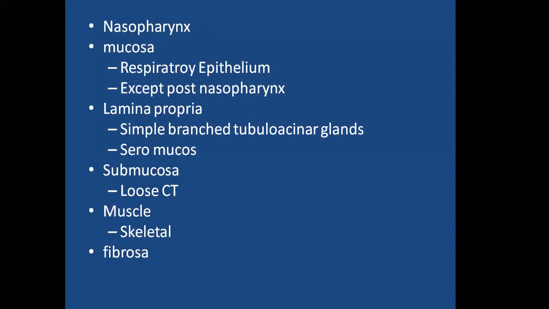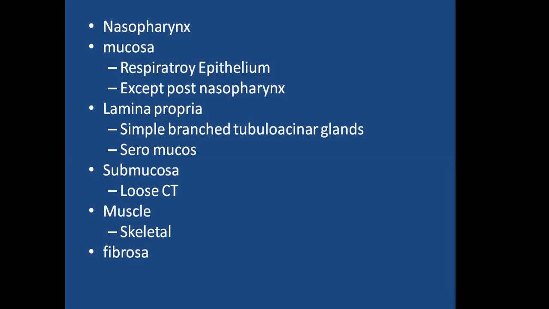Now coming to the nasopharynx. The nasopharynx consists of four distinct layers: mucosa, submucosa, then there is a muscle layer and fibrosa. As I already told you, the conducting part consists of the respiratory epithelium.